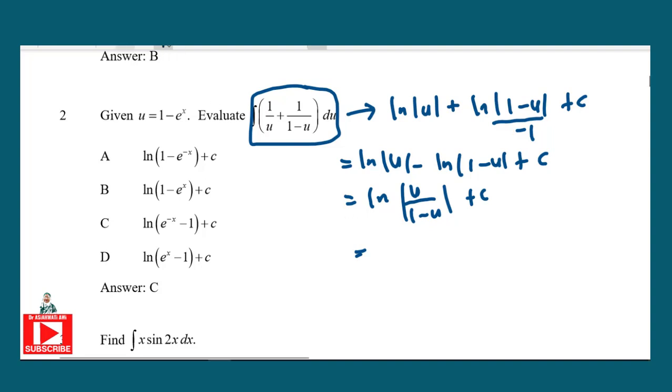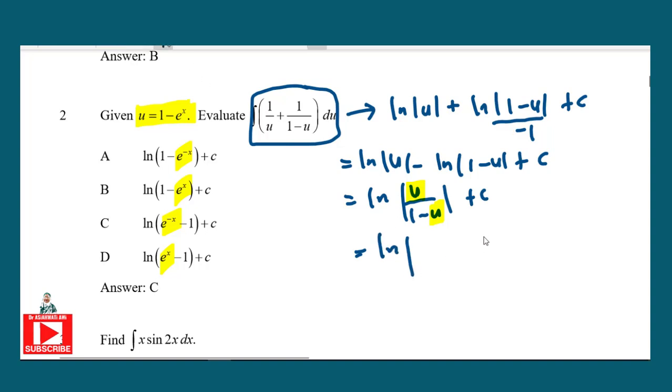Then replace, given u is equal to 1 minus e^x. Because the options are given in variable x, you need to substitute u to variable x.